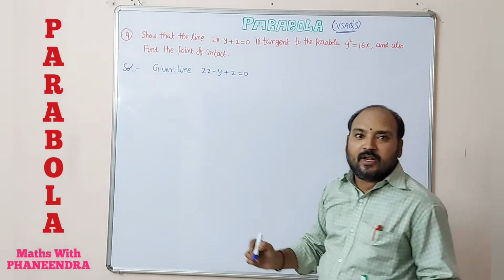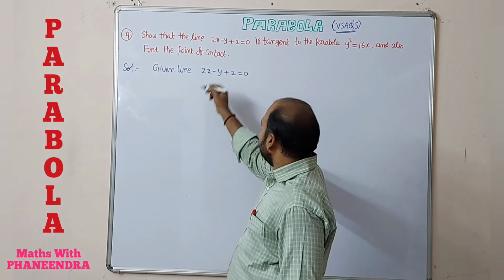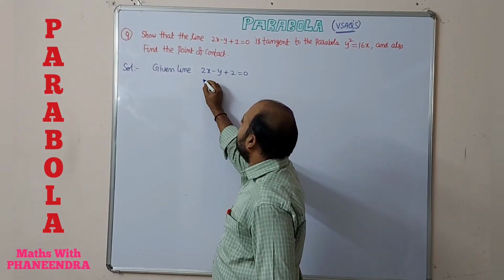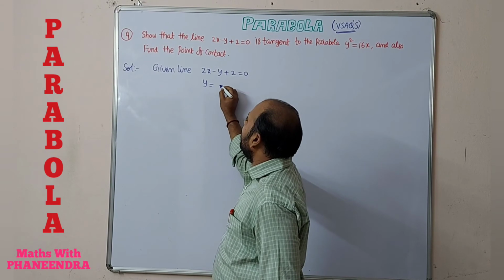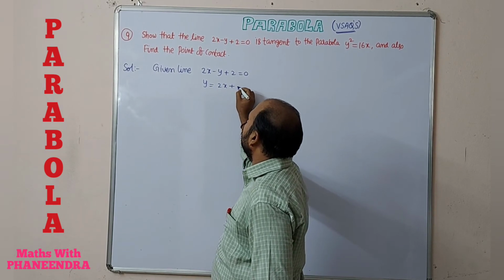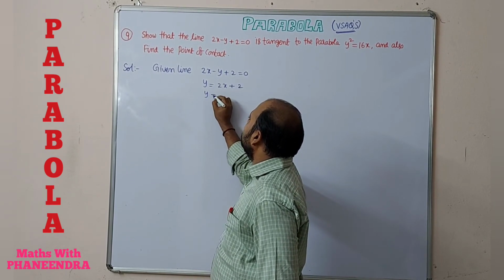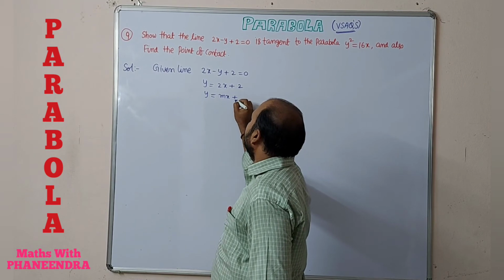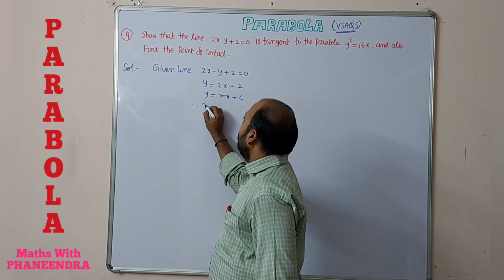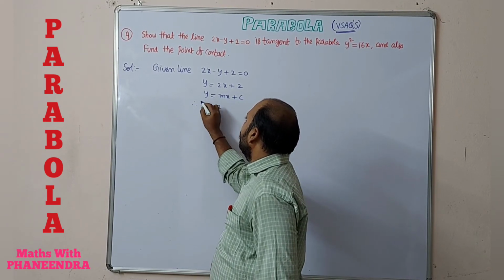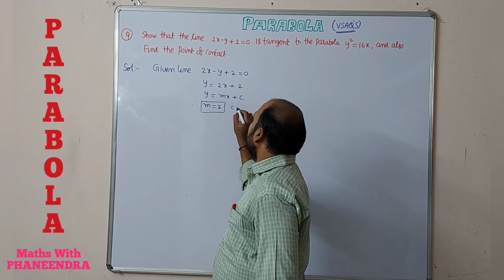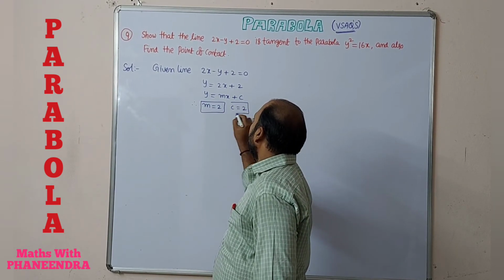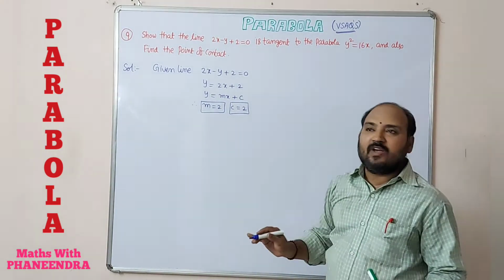This equation compare with y is equal to mx plus c. First making it to that form. Minus y we can take into this side, plus y equal to 2x plus 2, and compare with y is equal to mx plus c. So then m is equal to 2 and c is equal to 2. M value, c value we got it.